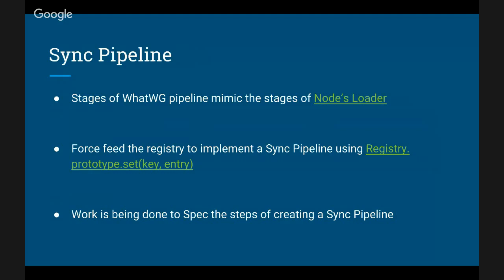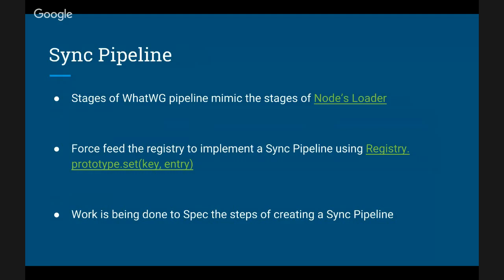And so how does that work? Well, since the registry is just a map, we can force feed the registry the module entries using registry.set. We can give it the absolute file path, just like in require.cache, as the key.